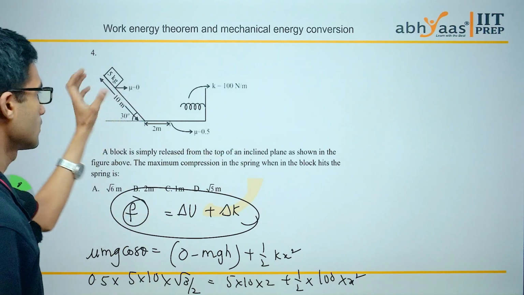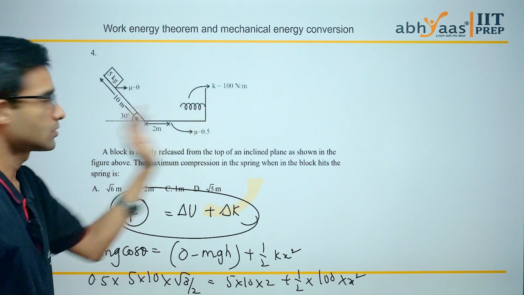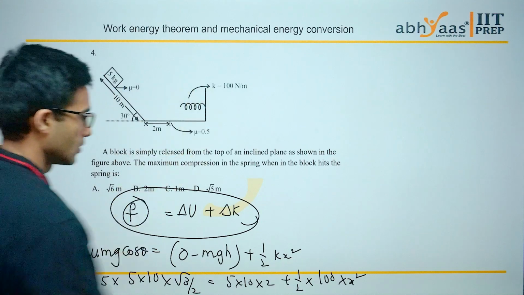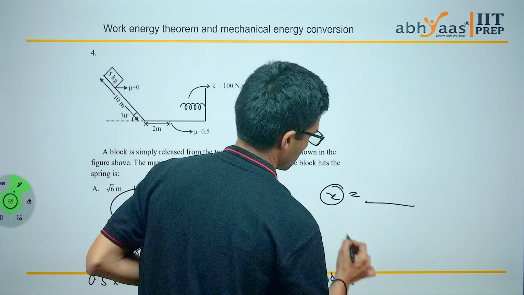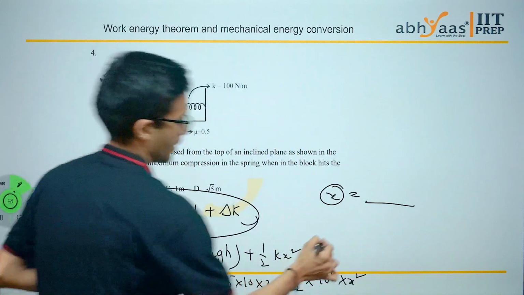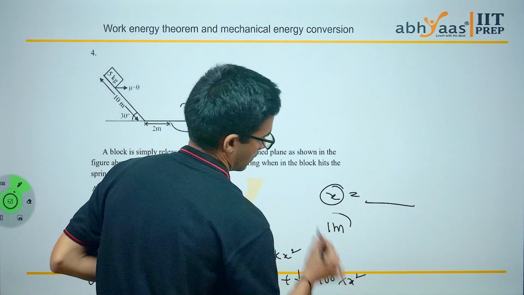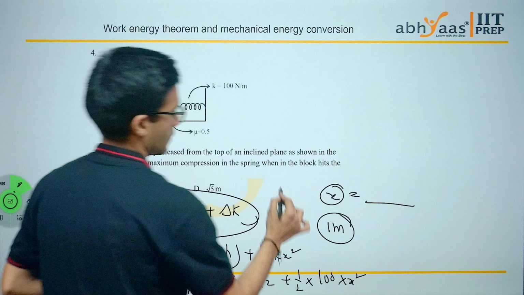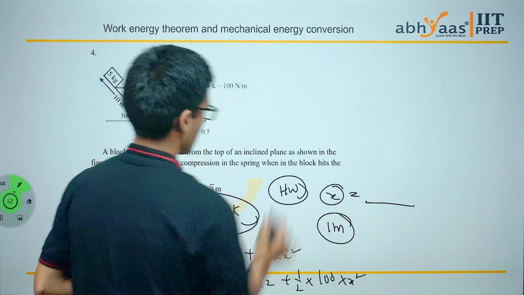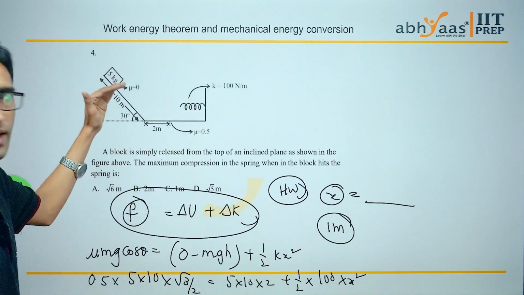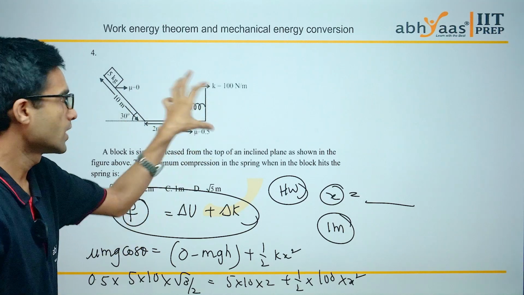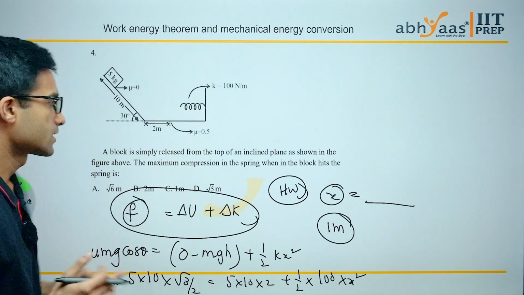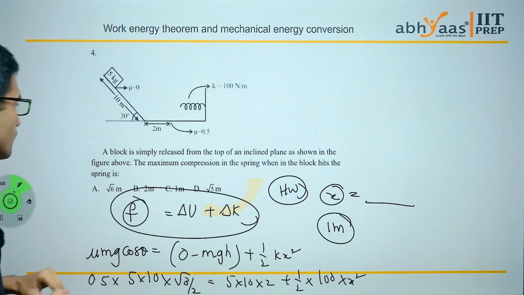The frictional force is released like this and that will transform into this one as it hits the spring. You can calculate the x value directly. Maybe it is around 1 meter, so just calculate it and take it as homework. The block is coming like this and hitting the spring, so we need to calculate the x value, that is the compression of the spring when the block hits.